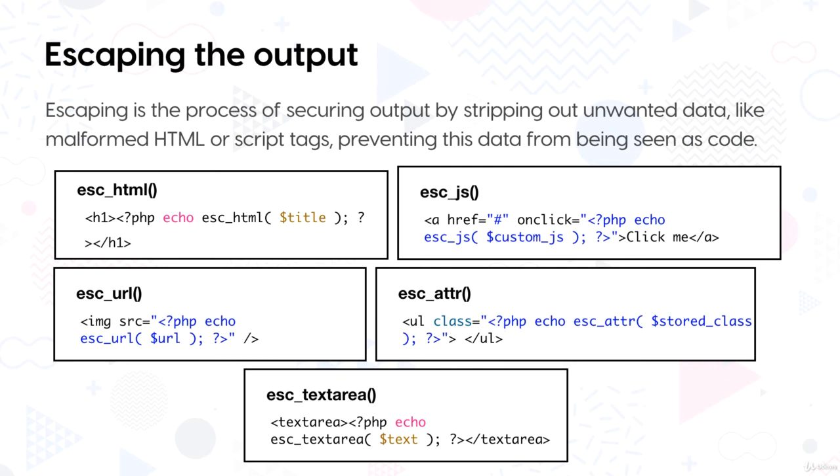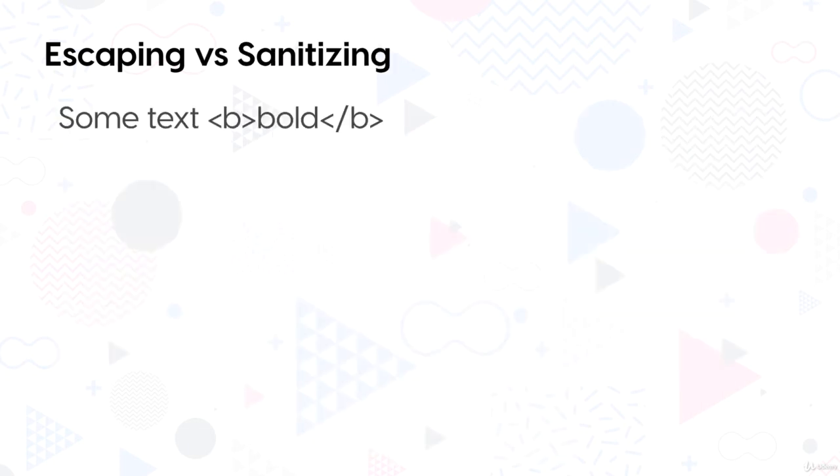In some cases, you can also use sanitization functions instead of escaping functions when you are rendering something in your theme. So let's take a quick look at the difference between sanitization and escaping. So suppose we have this text in our database, and now we want to output it in our theme. Escaping will render the HTML tags as text instead of rendering them as code, right?